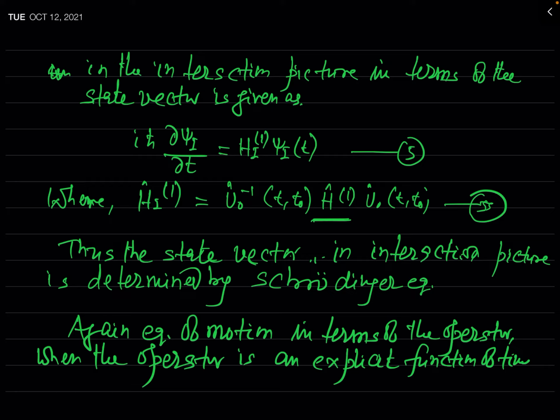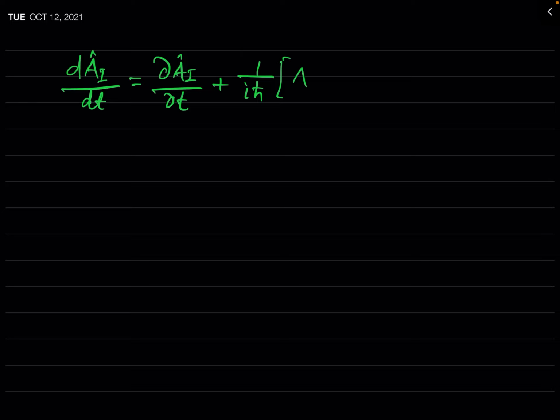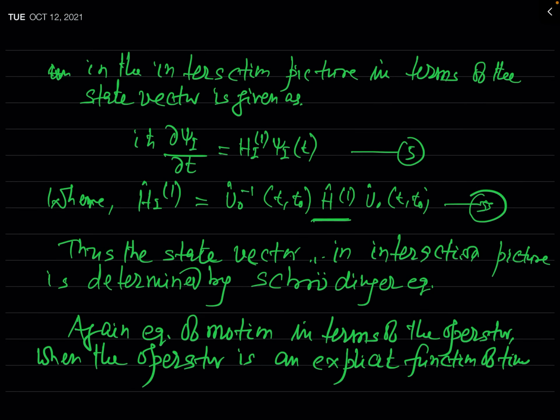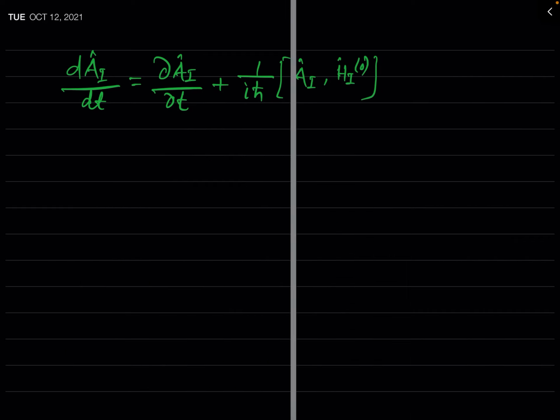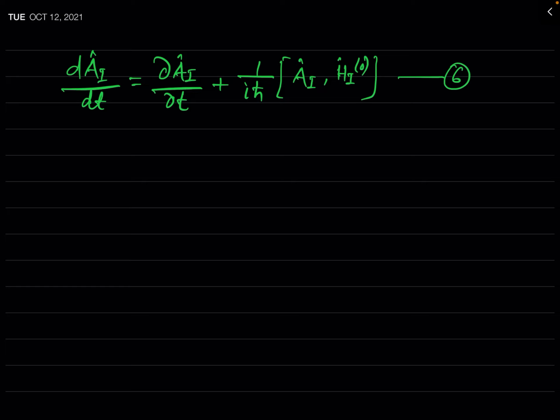In the light of the previous results you have seen earlier in the two pictures, you can write this equation of motion like this: dA_I hat by dt is equal to del A_I hat by del t plus 1 over i h bar times the commutator bracket of A_I hat with H_I hat 0. Say this is your equation 6.